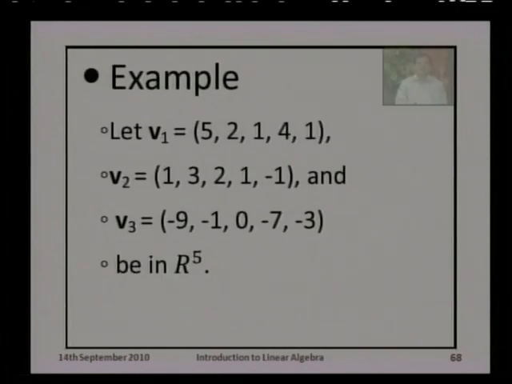Let us take an example to understand this linear dependence and independence. Suppose v1 is 5, 2, 1, 4, 1. v2 is 1, 3, 2, 1, minus 1. And v3 is minus 9, minus 1, 0, minus 7, minus 3. So, these three vectors are from R5.